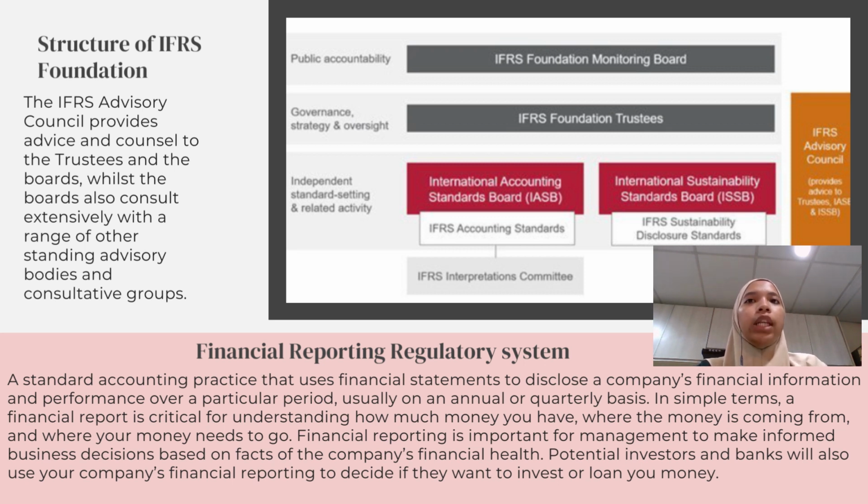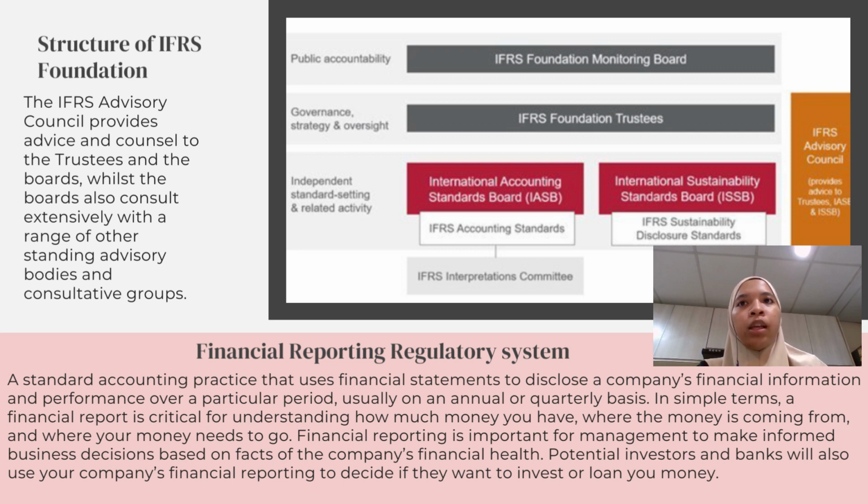So we need to know that IFRS is one of the financial reporting regulatory system, and what it is. Financial reporting regulatory system is a standard accounting practice that uses financial statements to disclose a company's financial information and performance over a particular period. Usually it will be made on an annual or quarterly basis.